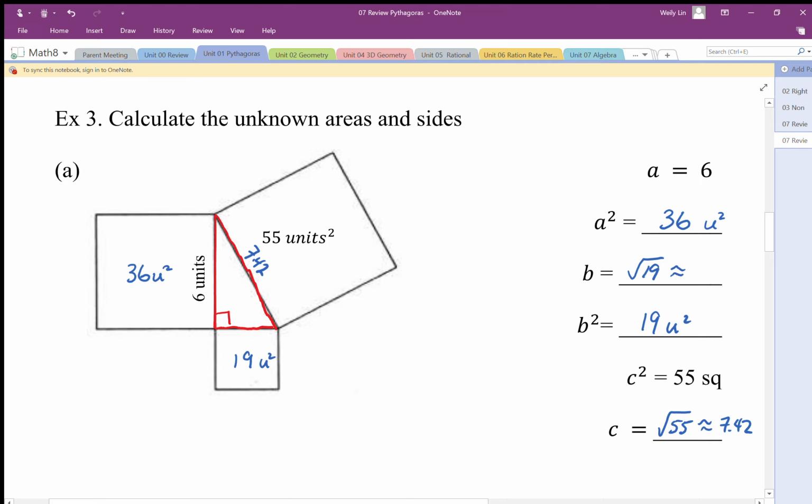And if I want the decimal value for that, square root 19 is approximately 4.358, so I'm going to round that to about 4.36. Okay, so I can find the length of these sides through the square area relationship. And that relationship is a squared plus b squared equals the bigger square c squared.